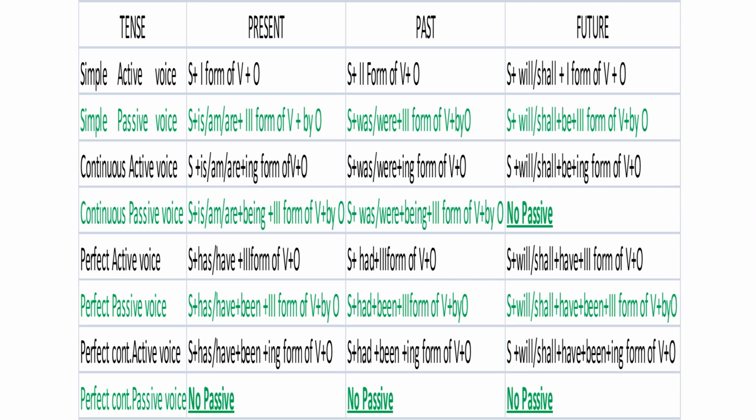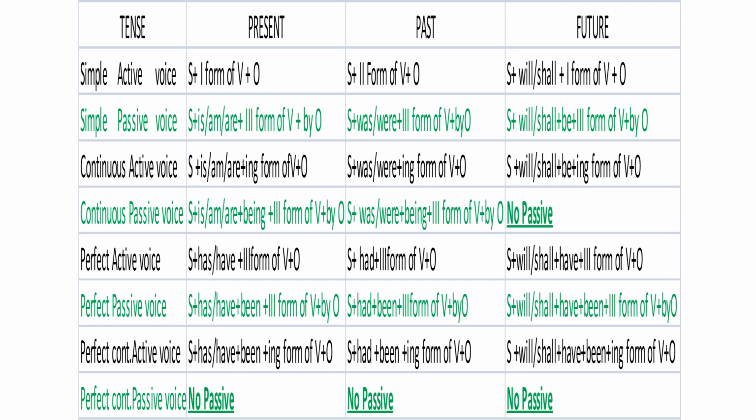In passive voice, usually all the verbs are changed to the third form of verb, except in the continuous tense where being is used with the present and past continuous tense, whereas in the future continuous tense we do not have a passive voice.